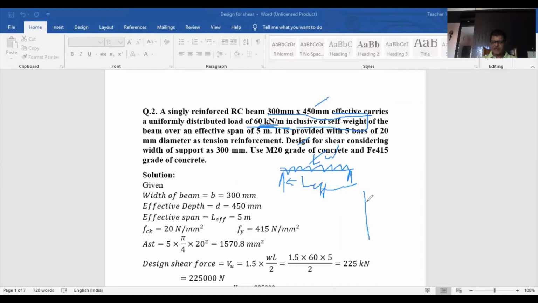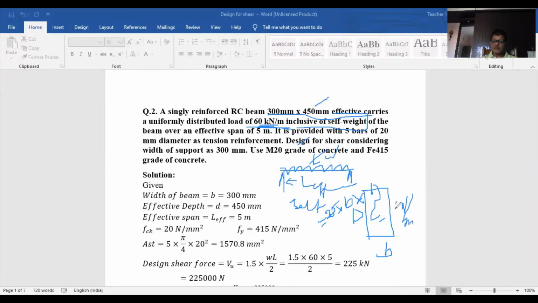How to find the self weight of a beam? This is the B, this is the cross section overall depth D. Self weight, that is dead load, will be equal to the unit weight of RCC, that is 25 kilonewton per meter cube, into the cross section gross area B into D. So this will come in kilonewton per meter.